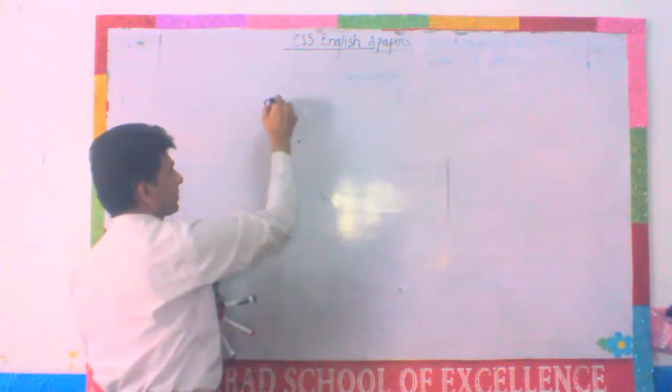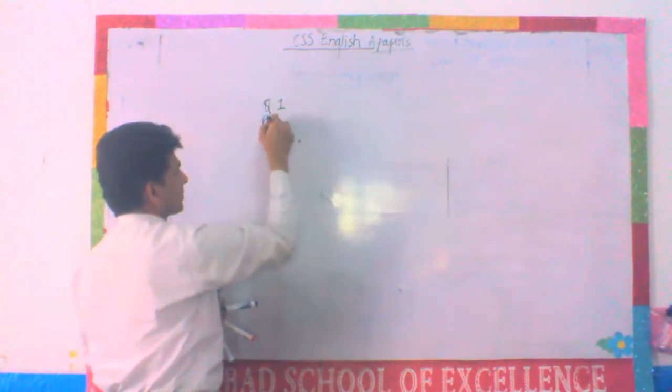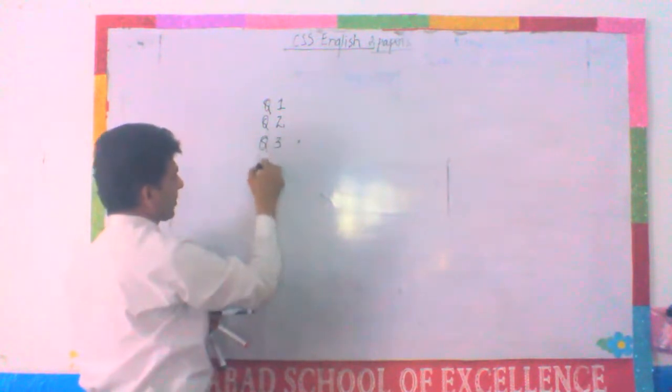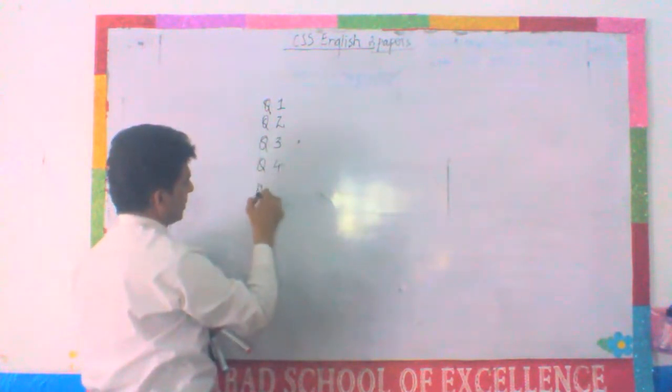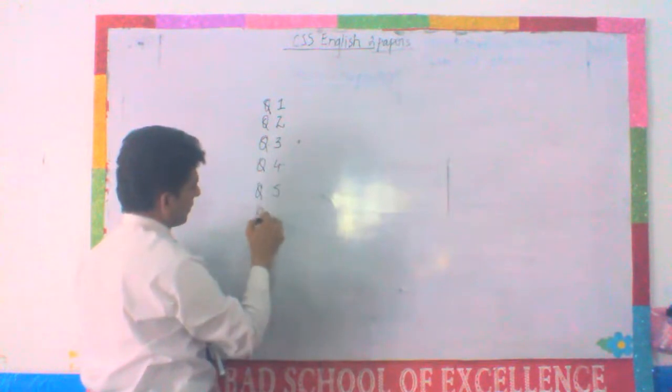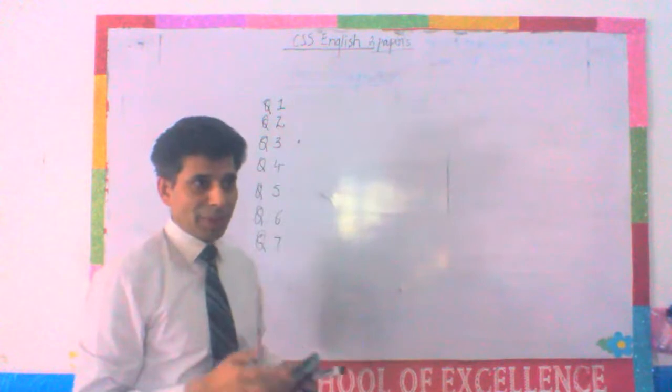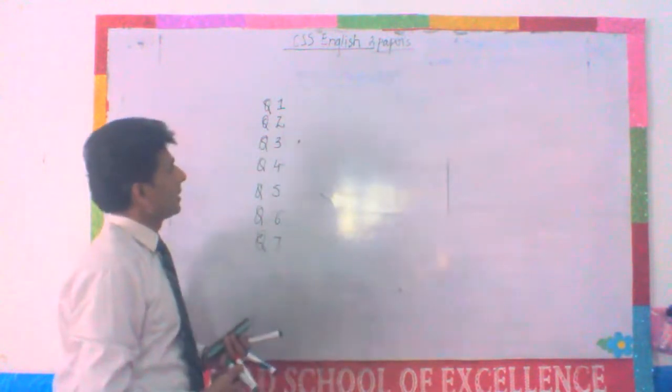Question number 1, 2, question number 3, 5. There are 7 questions in the Précis and Composition paper.